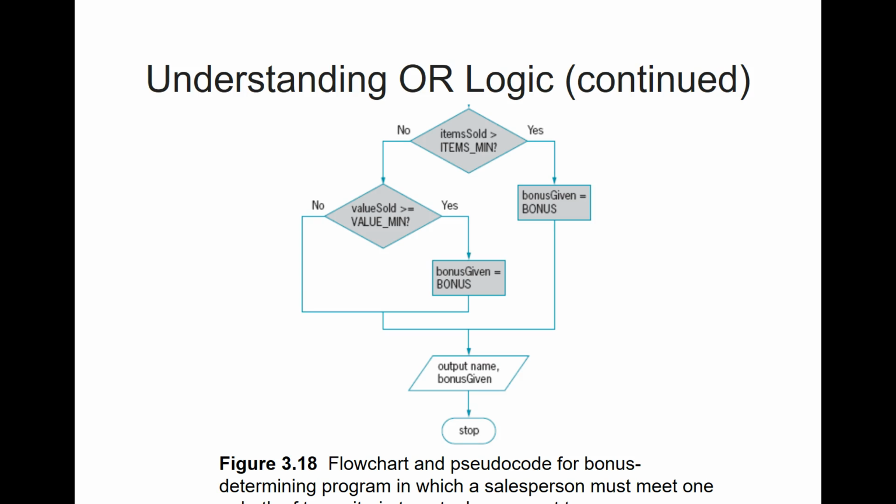So we said, all right, so if items sold are greater than minimum, yes, they get a bonus. If that condition's not true, we pass it down to where they look at the value, and they can also get a bonus.